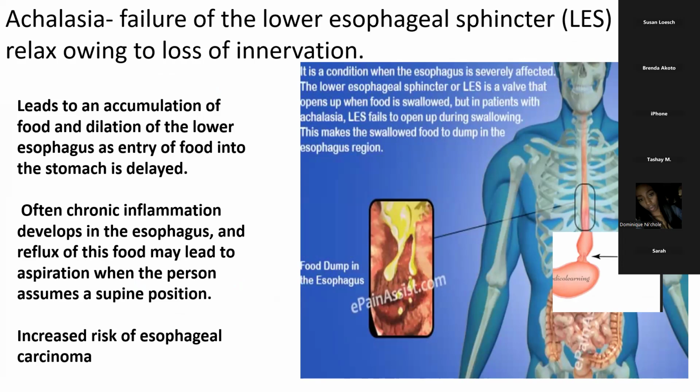In achalasia, it doesn't open up and that makes the swallowed food dump into the esophagus area. So chronic inflammation can develop in the esophagus, and the reflux of the food there can lead to aspiration when the person lies down. It also puts them at an increased risk for esophageal cancer.